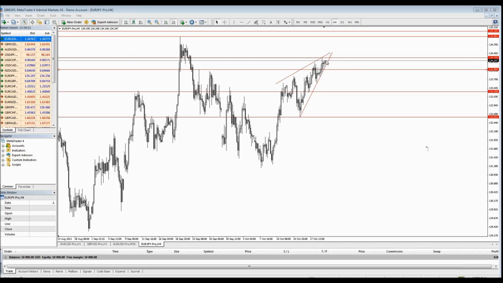It's too high without any retracement. Then we want to see it down around these levels, 134.95. Okay, guys. So that would be all concerning our session recap.